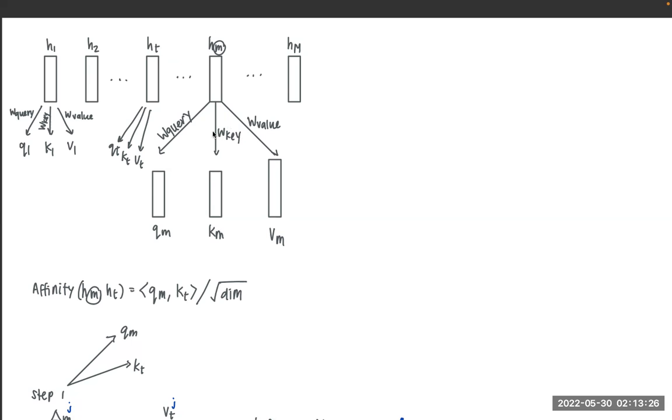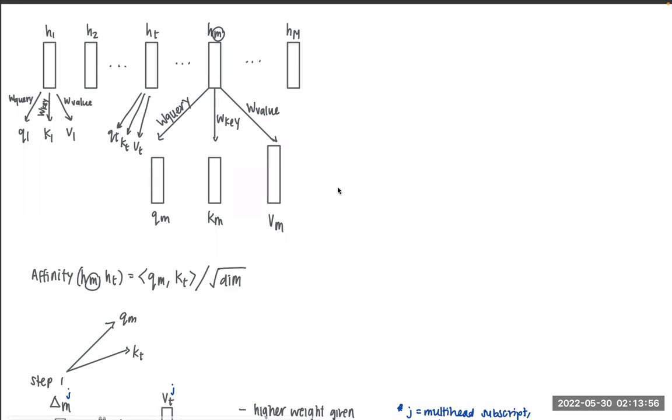And also the key matrix, W key, this weight matrix for extracting the key from the H vector, is also shared over all those vectors. And similar for the W value matrix, to extract the value, the content of each vector. You use the same W matrix to extract the value vectors from all those vectors.